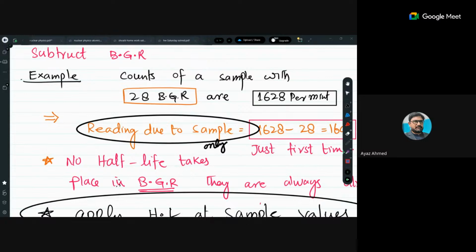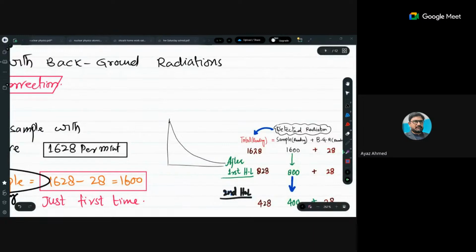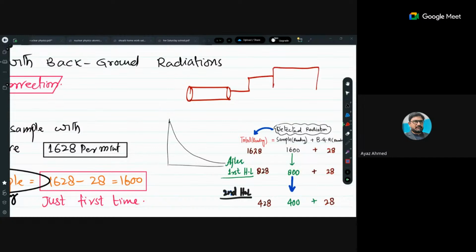Without the sample, I just tested the environment, the atmosphere. I put the detecting machine here and noticed that there are some counts on it. Basically, that is your background counter. I just put that counter here. This is your GM tube.